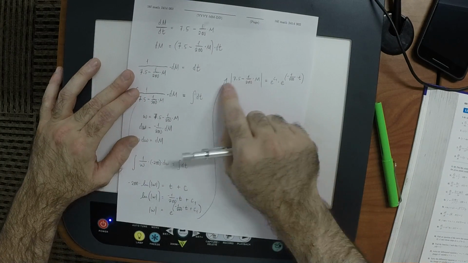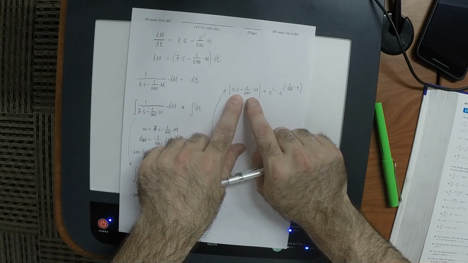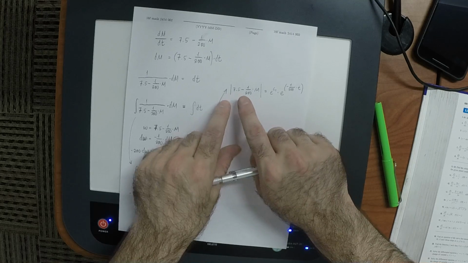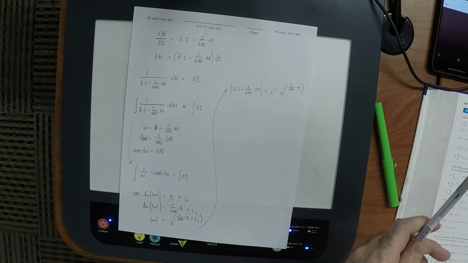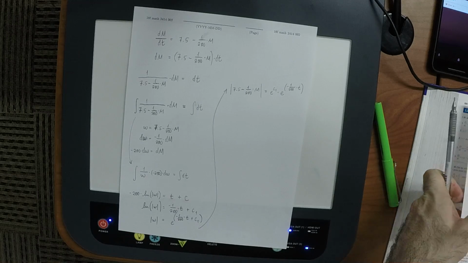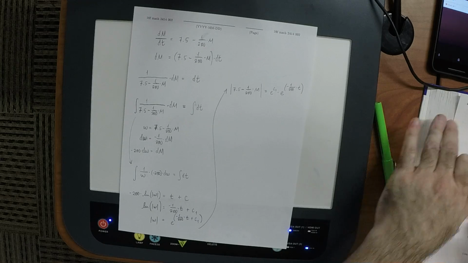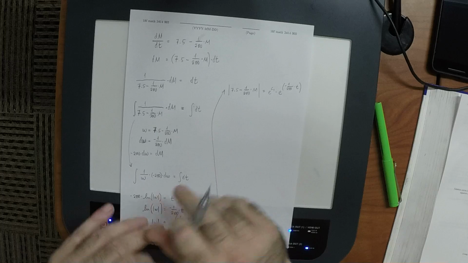All right, now let's think about this for a moment. We need to know how could we get rid of the absolute value? So on the one hand, we've got plus or minus, right?